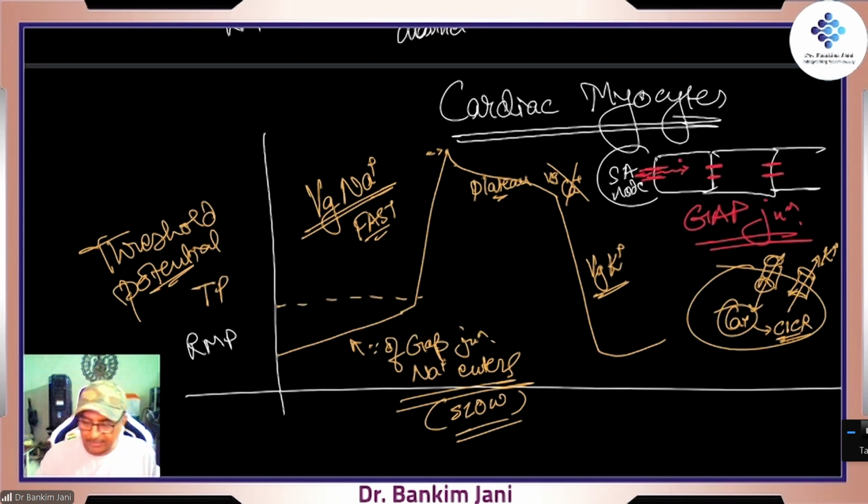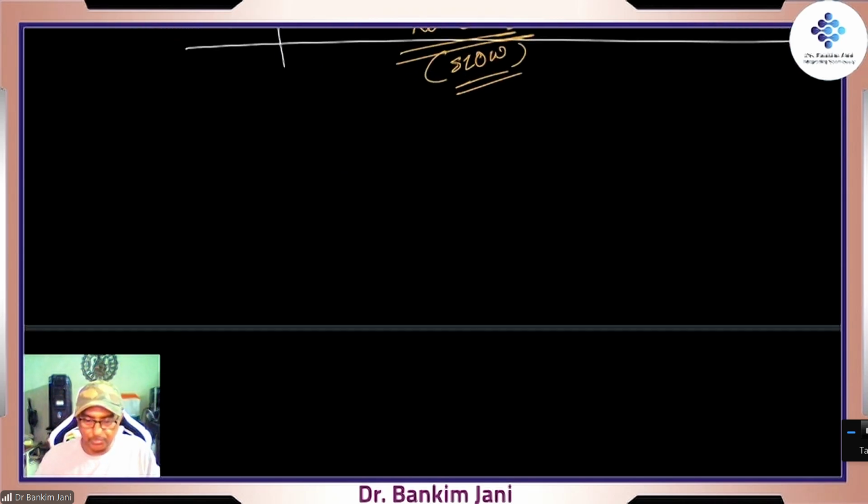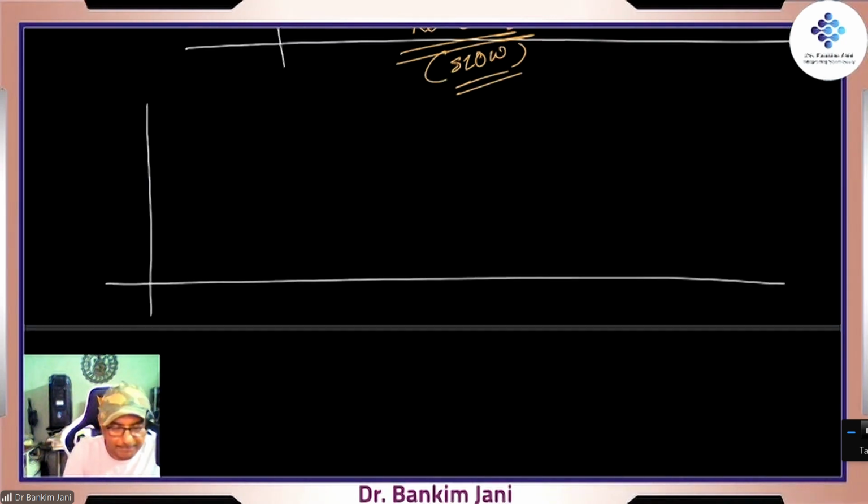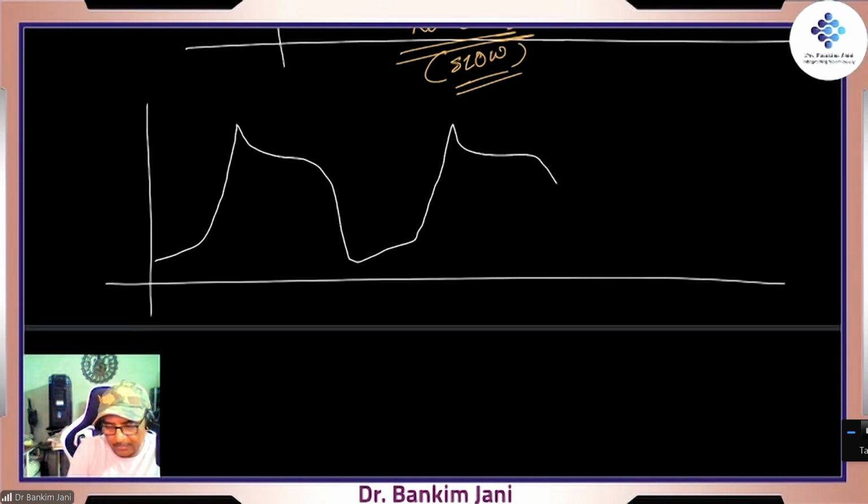As we are discussing this, let me introduce two new terms. For the sake of clarity, I'll not write anything, I'll just draw it. So these are the plateaus, and during these plateaus, things are getting activated.